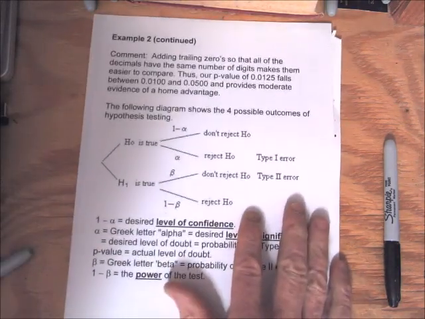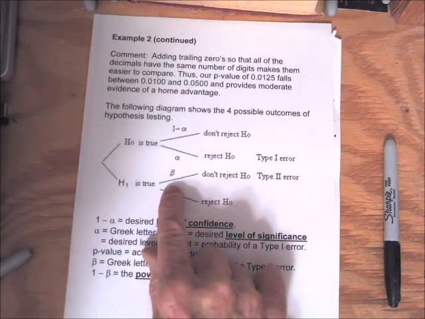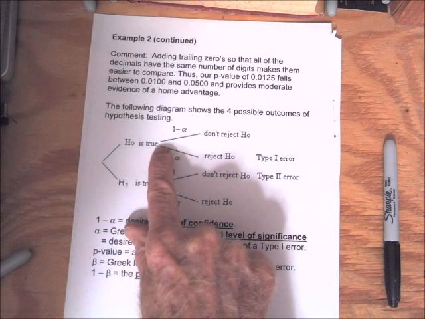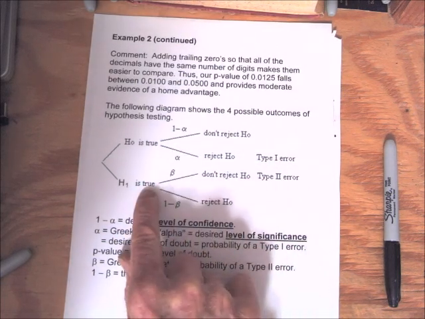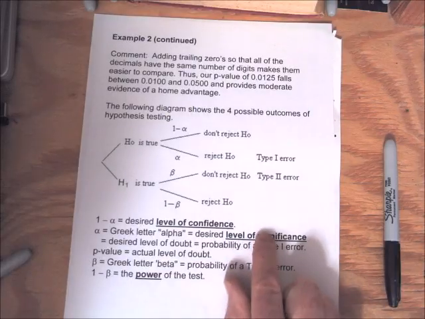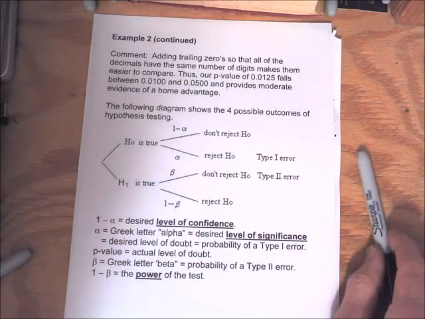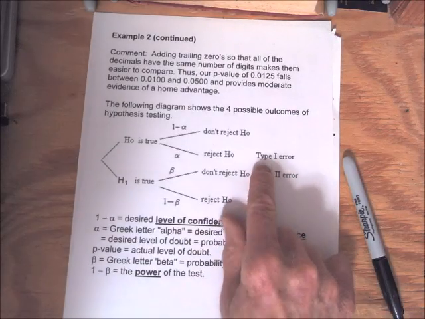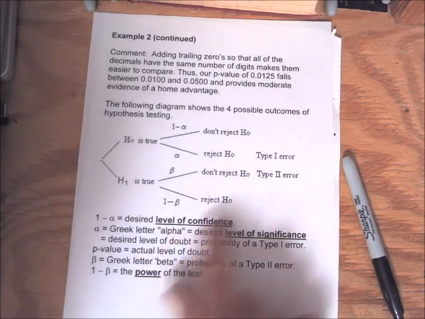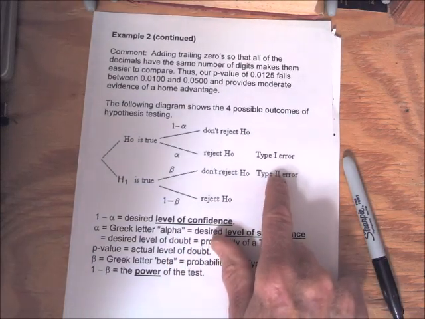If we don't reject H0 and H1 is true, that's called a type 2 error. In this case, we rejected H0, so we took a chance of making a type 1 error. Either way, you take a chance of making some type of error.